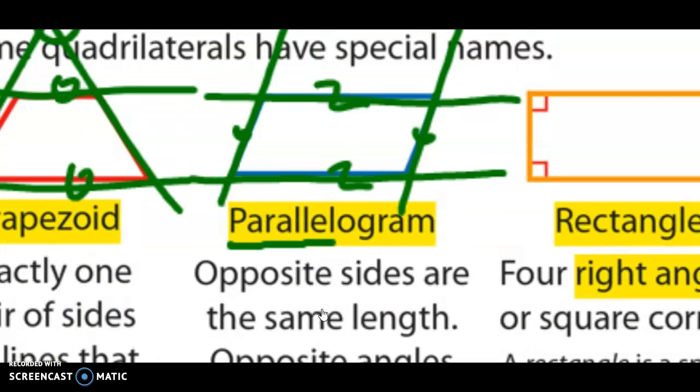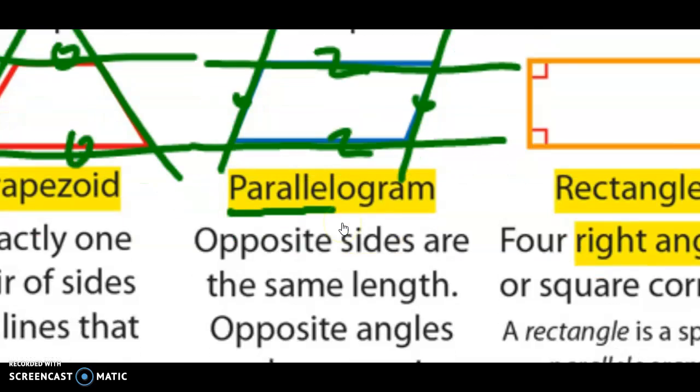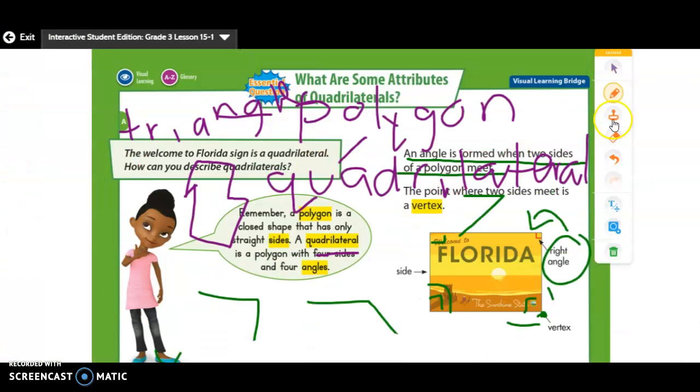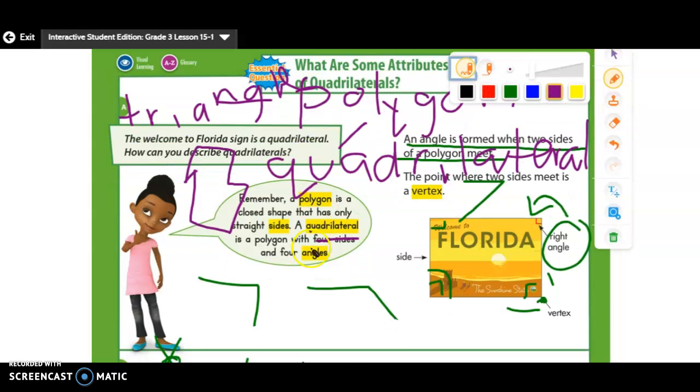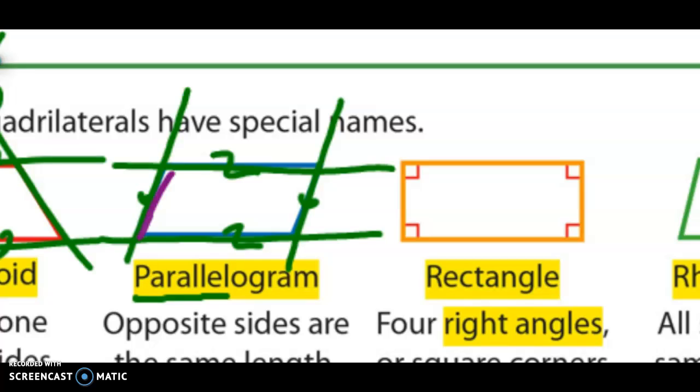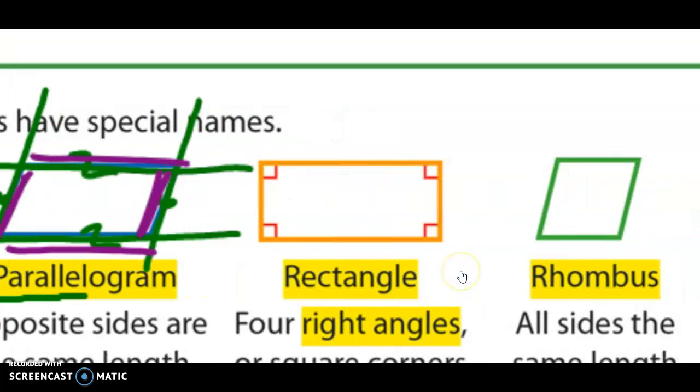They have to have both opposite sides that would never ever touch no matter how long you kept drawing them for. They also have opposite sides that are the same length, meaning that this side and this side are the same length, and this side and this side are the same length. Not all four sides, but two pairs of sides that are the same length.